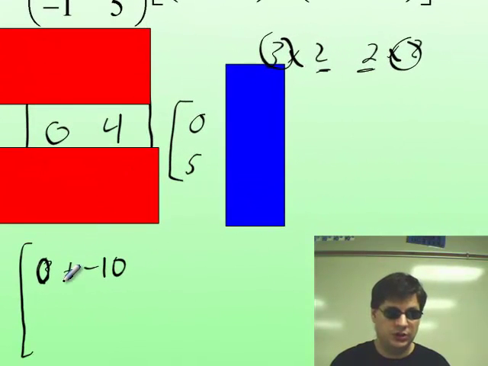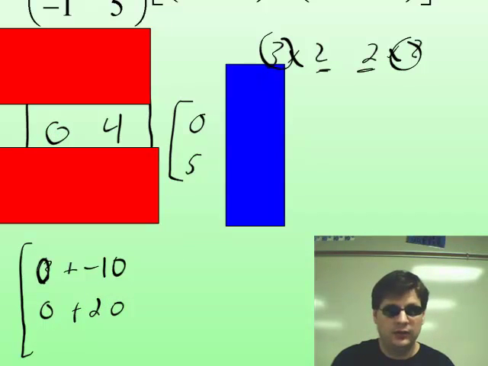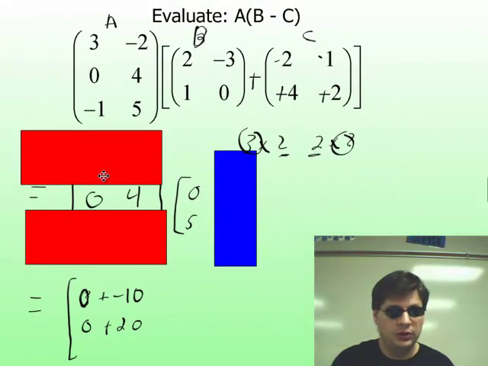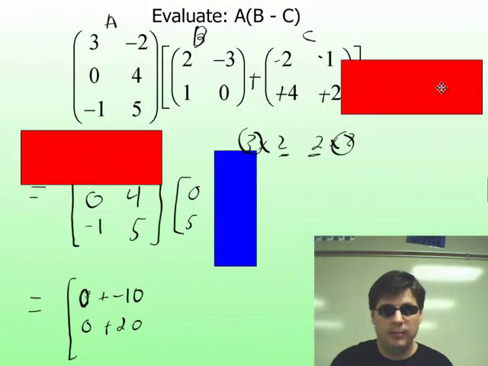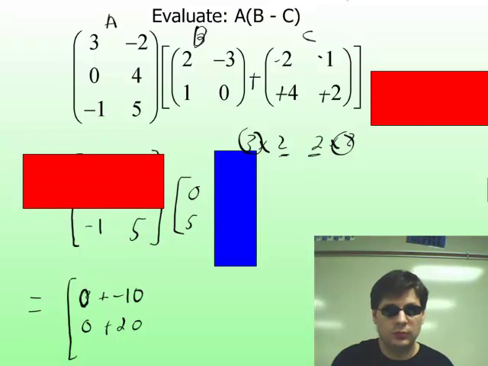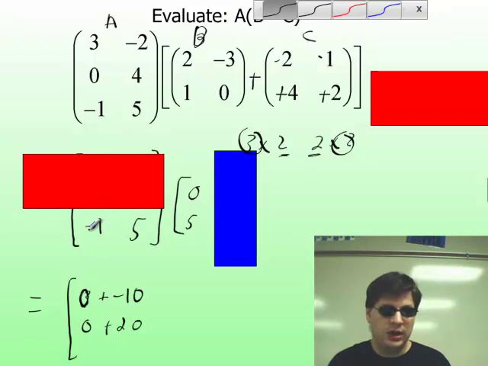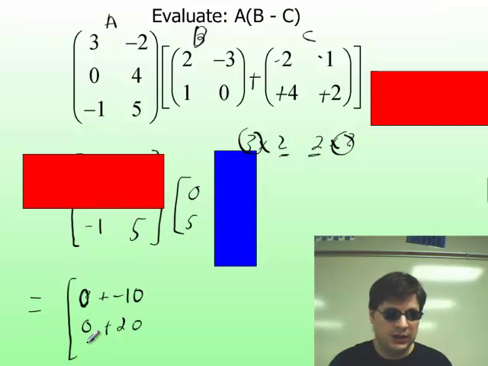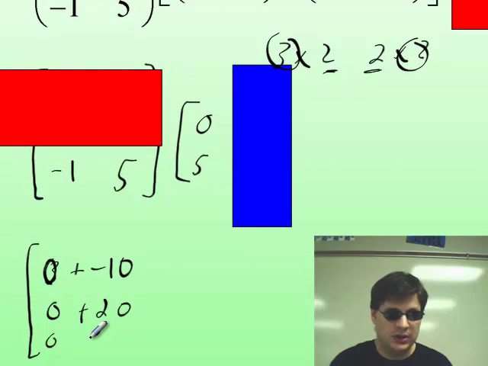So 0 times 0 is 0. 4 times 5 is 20. Now we'll look at only the bottom row. So -1 times 0 is 0. 5 times 5 is 25.